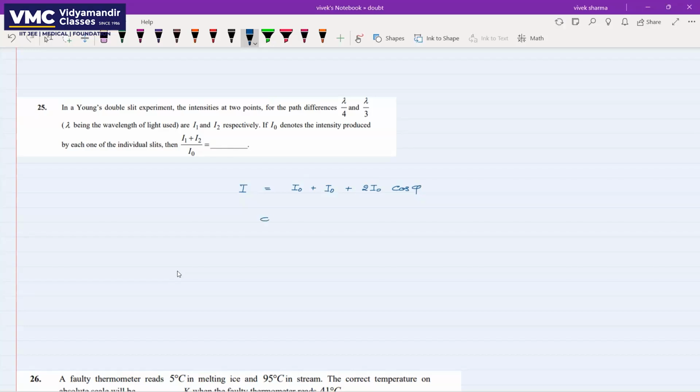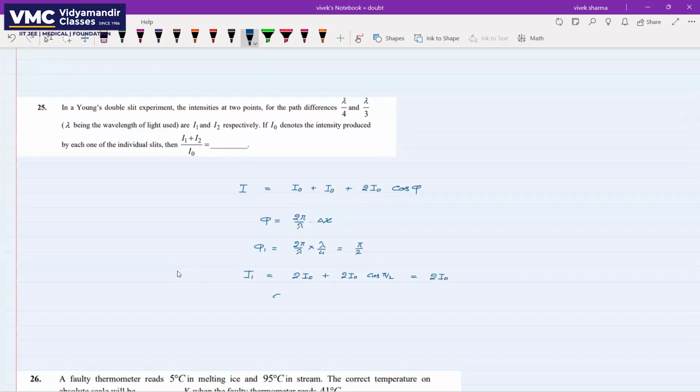So phi calculate करने के लिए relation between phase difference and path difference, it is 2 pi upon lambda into delta x. So first point के लिए अगर phi 1 लिखेंगे, that is 2 pi upon lambda into lambda by 4, and it will be pi by 2, and for phi is equal to pi by 2, intensity I1 that is equal to I naught plus I naught, that is 2 I naught plus 2 I naught cos pi by 2, cos 90.